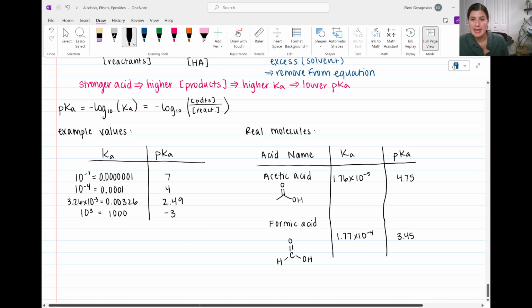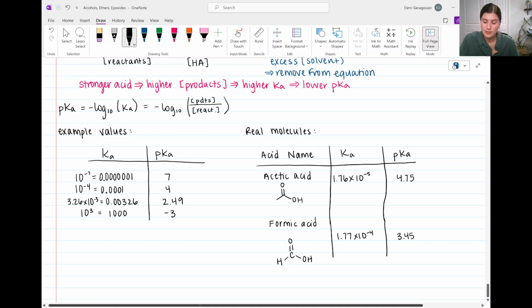So if you look at the Ka values, they are a magnitude of 10 different from each other. Acetic acid is 1.76 times 10 to the negative 5. Formic acid is 1.77 times 10 to the negative 4. Again, a power of 10 difference between these two. That correlates to the pKa's as one value different, 4.75 and approximately 3.45. It's about one pKa value in between.